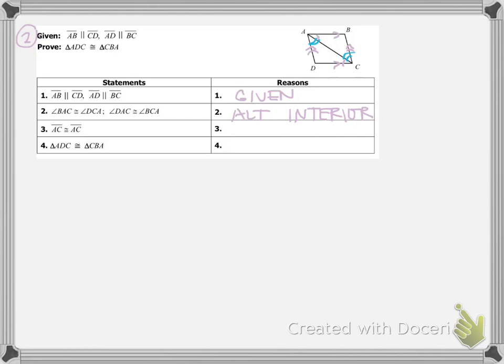And AC here is going to be congruent by the reflexive property because they share that side together. So angle-side-angle would be my reason why these two triangles are congruent.